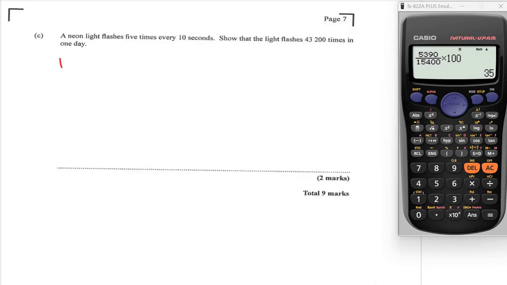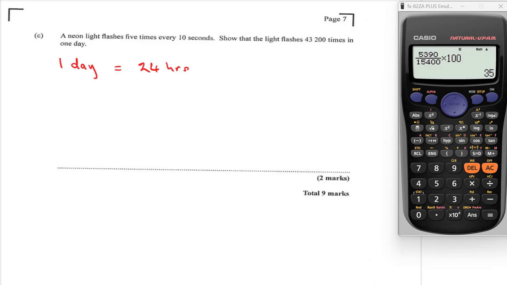So now in one day, we know that we have 24 hours in one day. Right? Now, we also know that 60 minutes is equal to 1 hour.